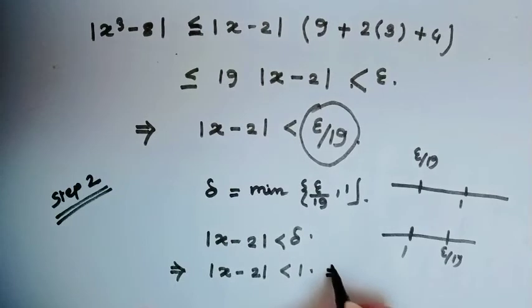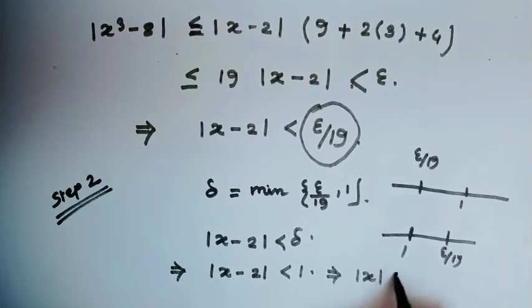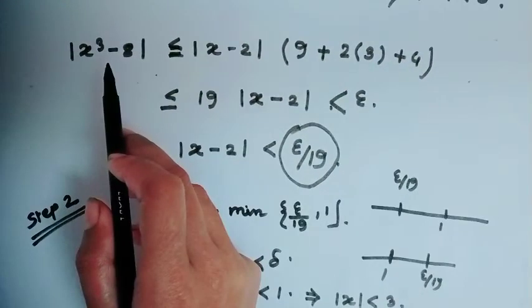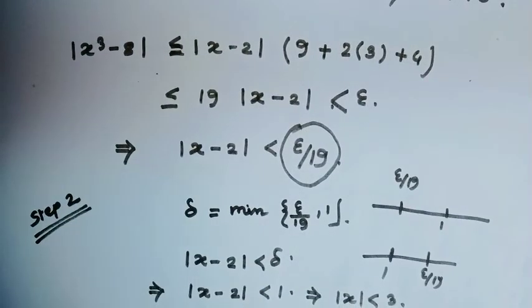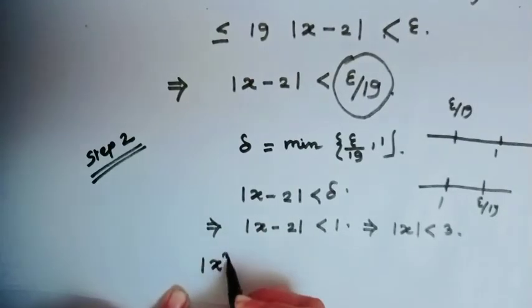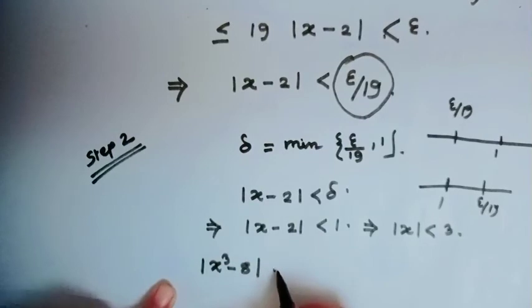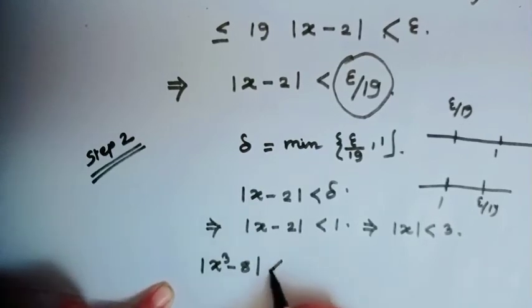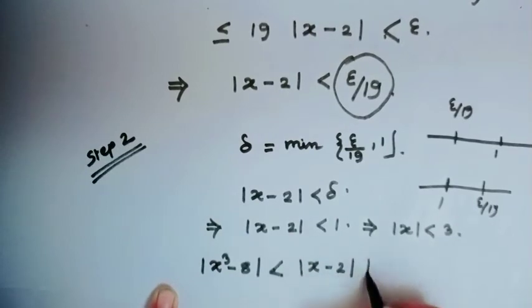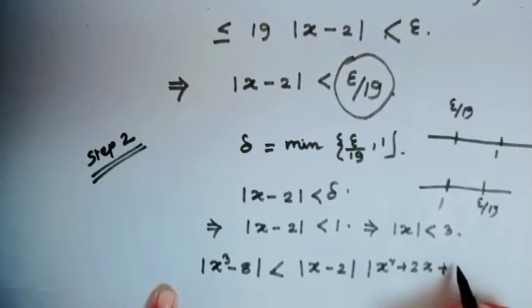That implies from this relation the modulus of x is strictly less than 3. From this line, the absolute value of x cubed minus 8 is less than or equal to the absolute value of x minus 2 times x squared plus 2x plus 4.